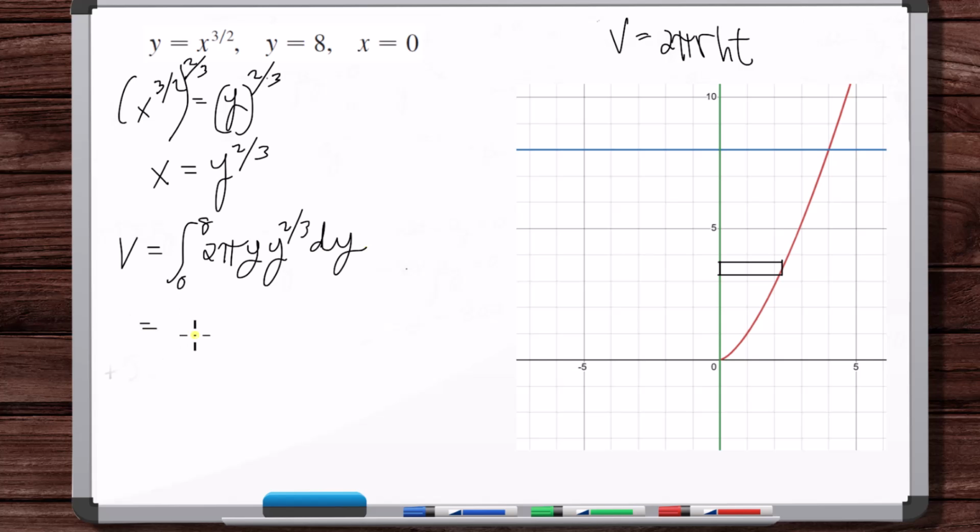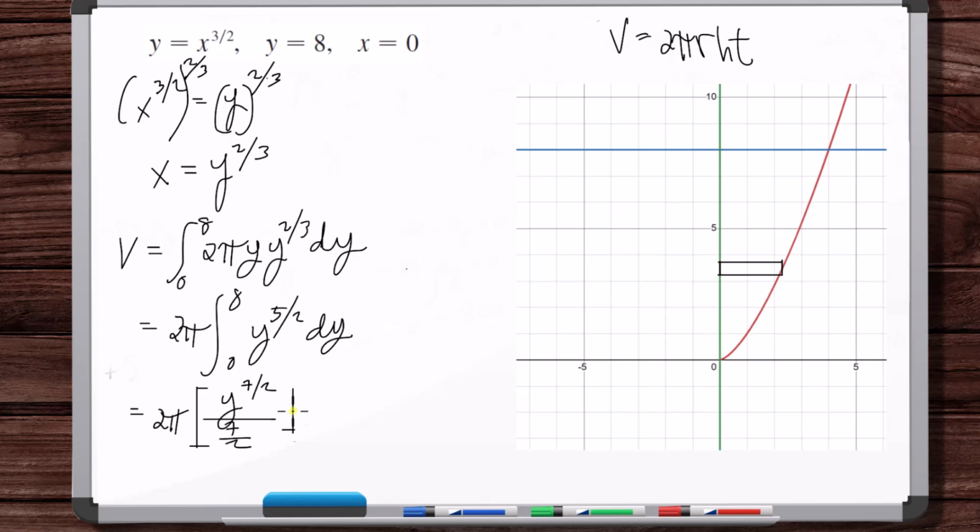So we've got 0 to 8. Y to the first times y to the 2/3 is y to the 5/2. So y to the 5/2 plus 1 is y to the 7/2 divided by 7/2, evaluated from 0 to 8.